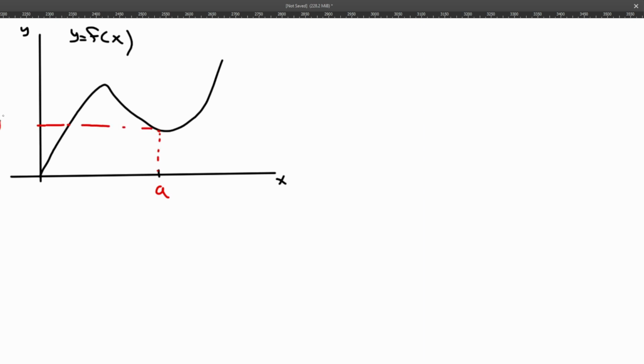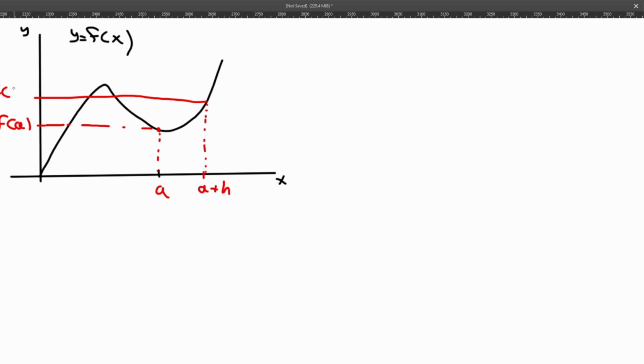Now, again, I'm going to choose a point close to a, let's say some value a plus h. And this h is going to be a small value, like 0.01 or something like that. And the value of our function at this point is going to be f of a plus h.